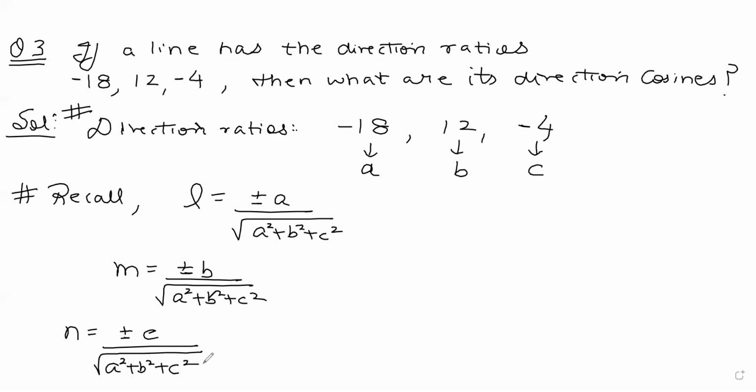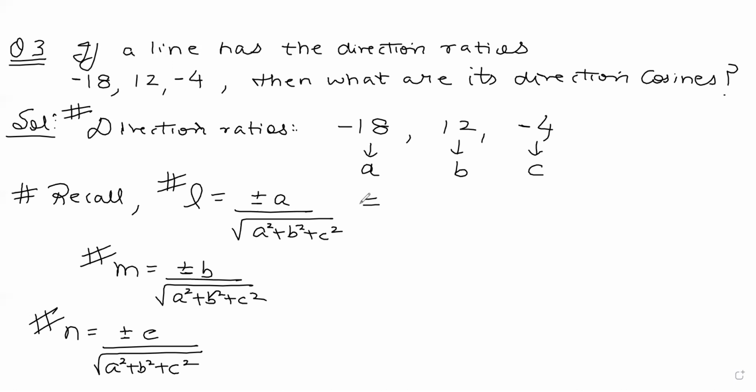And the sign of the direction cosines depends on the sign of the direction ratios. If your direction ratios are positive, direction cosines will also be positive. If your direction ratios are negative, direction cosines will also be negative.